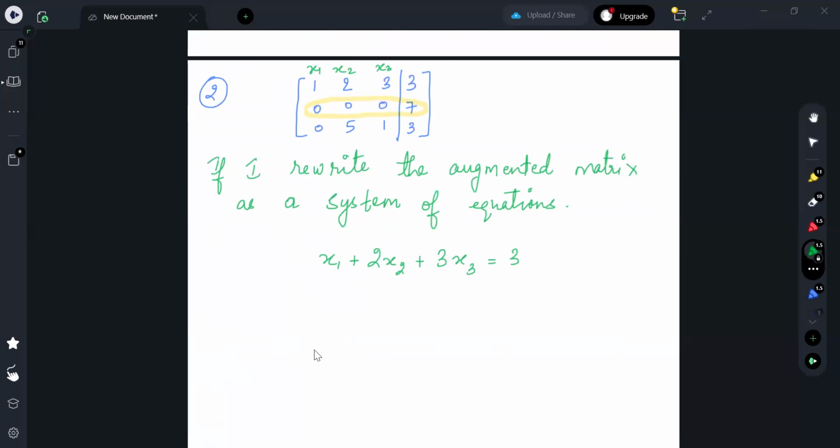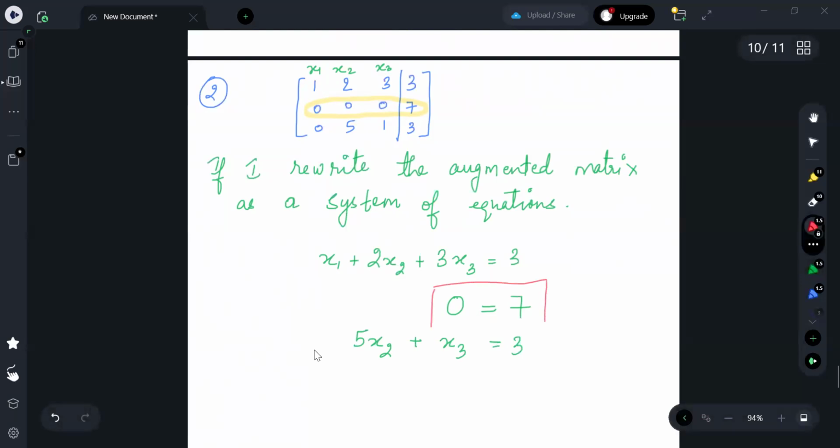So I convert row 2 of my matrix into an equation and I get 0 equals 7. Now this is weird, right? This is absurd. There's no way you can have 0 equals 7. Even if I write down the third equation, this will never hold.